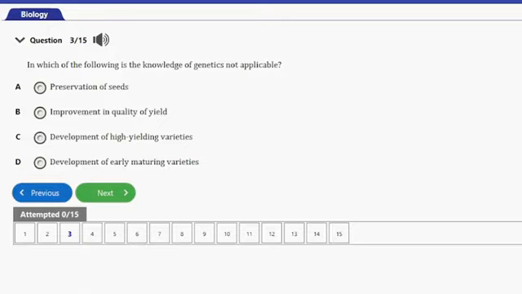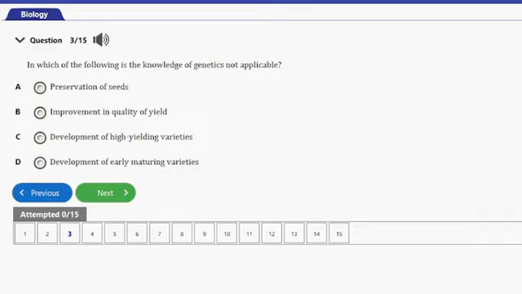Question number 3 here. It says, in which of the following is the knowledge of genetics not applicable? We have A, preservation of seeds, B, improvement of quality of yield, C, development of high yielding varieties, and D, development of early maturing varieties.